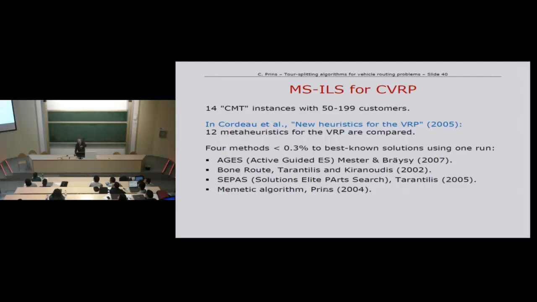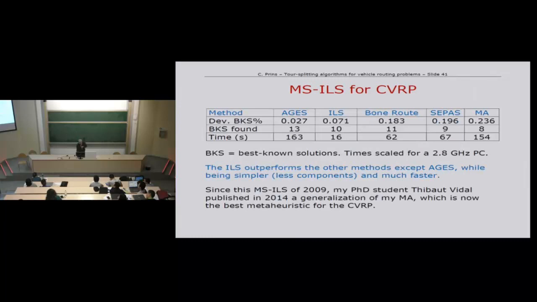And CEPAS, the memetic algorithm with giant tours, already 2004, but the MS-ILS is more aggressive. And you see the results, the deviation to the best known solution and the average deviation. So the algorithm of Mester and Bräysy is still the best, but the ILS is better than Bone Route, CEPAS, and the others.